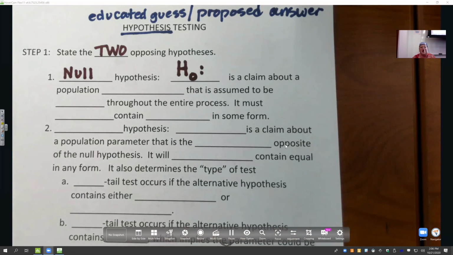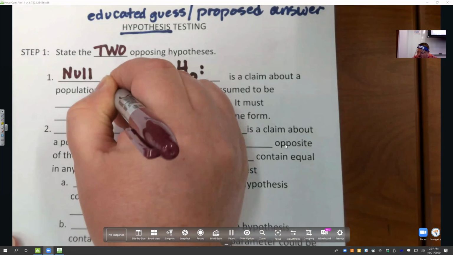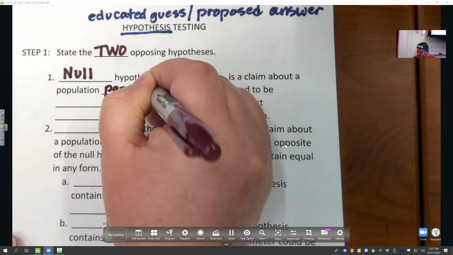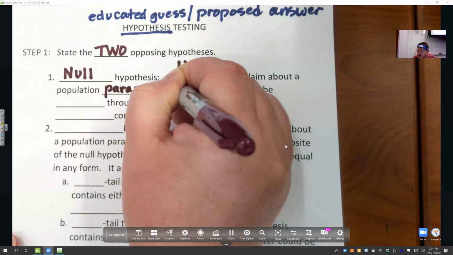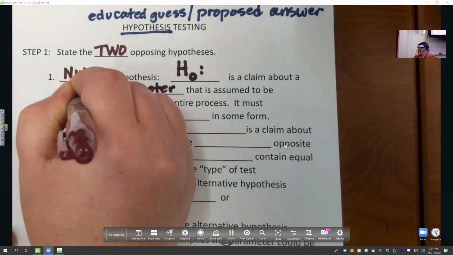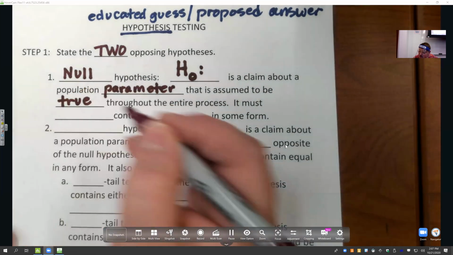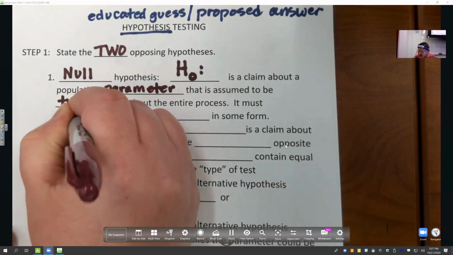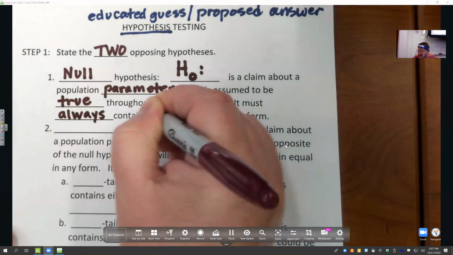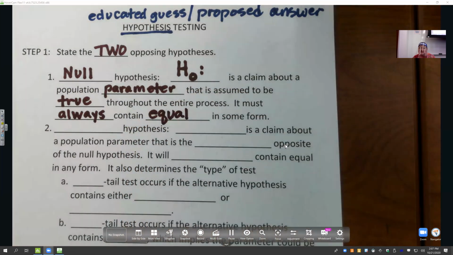The null hypothesis is a claim about a population parameter that is assumed to be true throughout the entire process. It must always contain equal in some form.